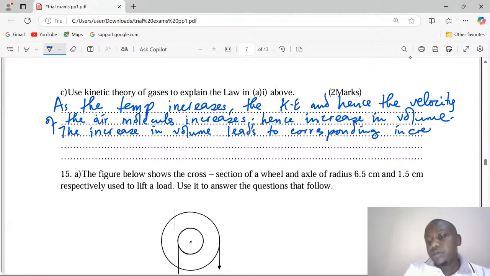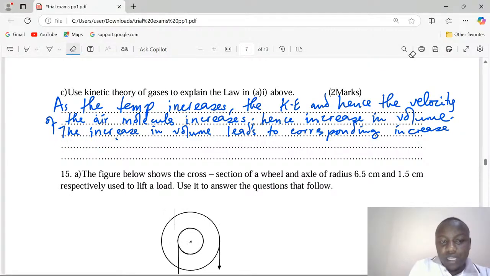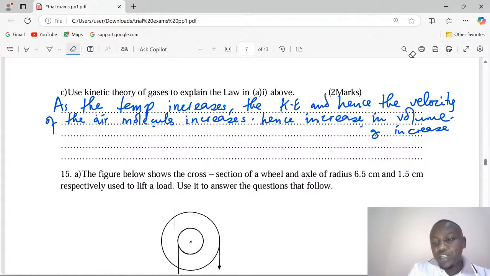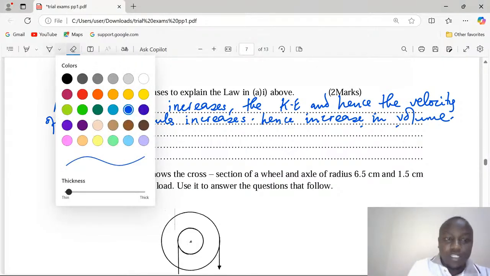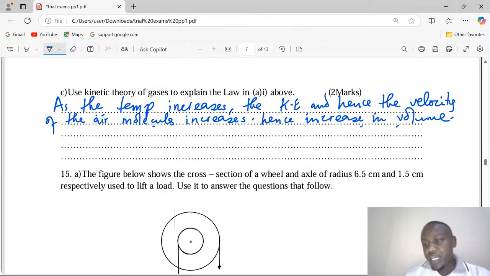Let me put it this way. With an increase in temperature, there is a corresponding increase in volume, thus not affecting the pressure.